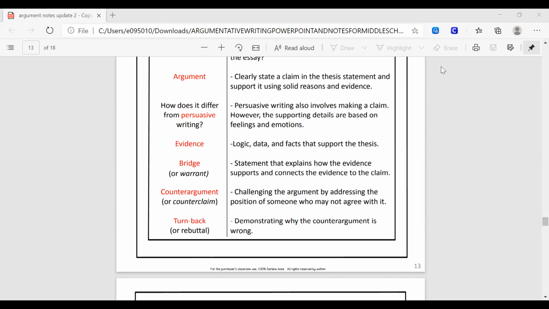This challenges the argument by addressing the position of someone who may not agree with it. So you challenge the argument. Next word is turn back or rebuttal. This demonstrates why the counter argument is wrong. Now, you're going to do this in a respectful, polite way. You're not going to tell them they're wrong because they're just wrong and that's not the way people think. No, you're going to do this respectfully and politely.